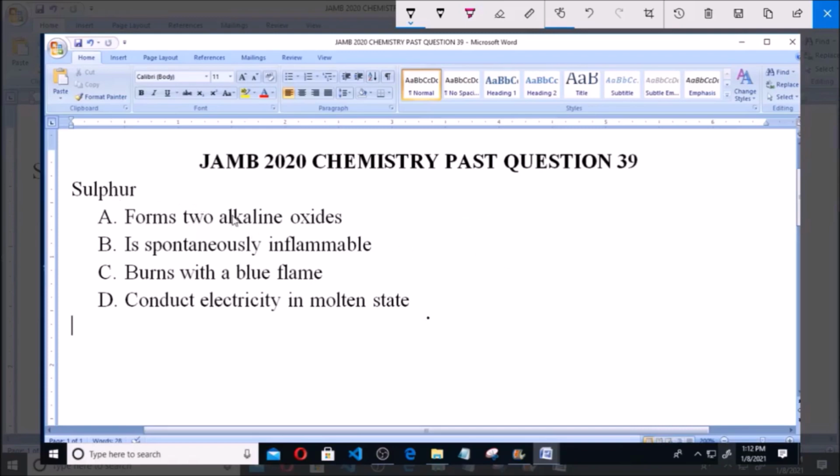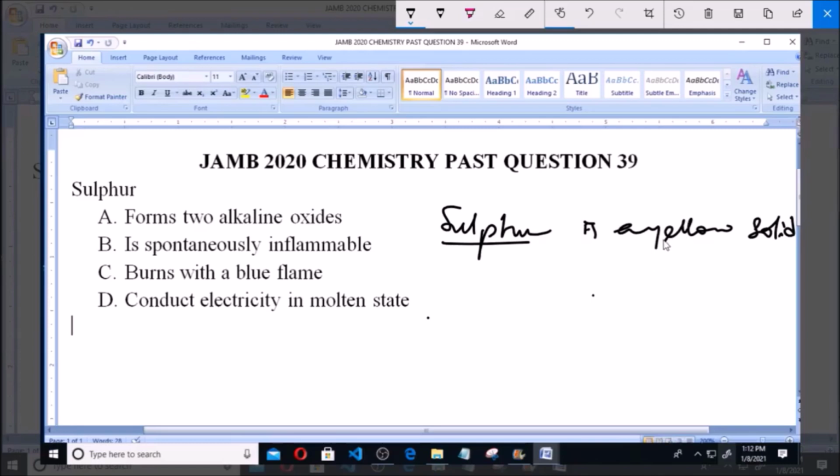Now looking at this, I will briefly describe sulfur. Sulfur is a yellow solid. It's an element. You can find sulfur on the periodic table. It belongs to group 6 of the periodic table.